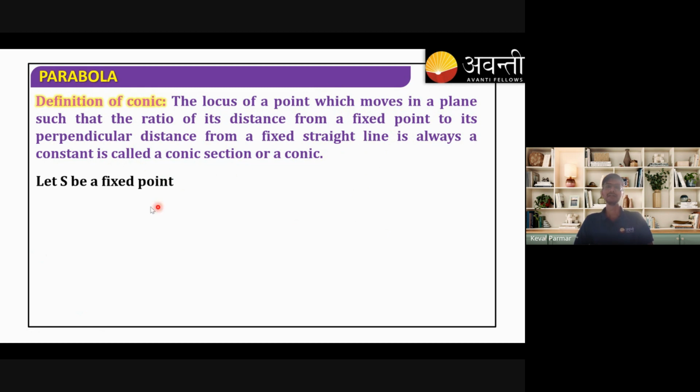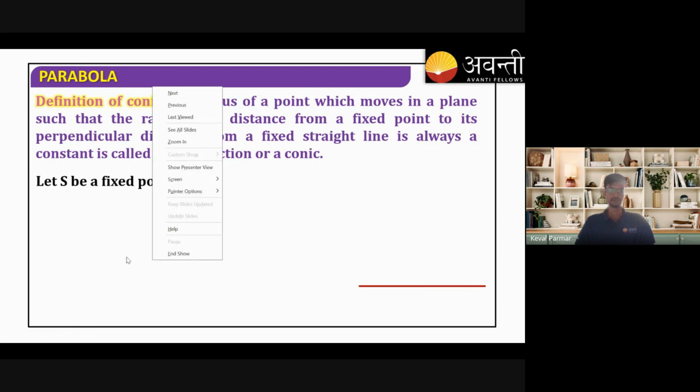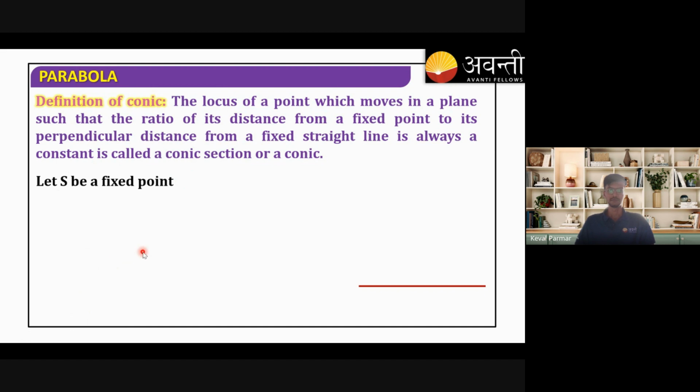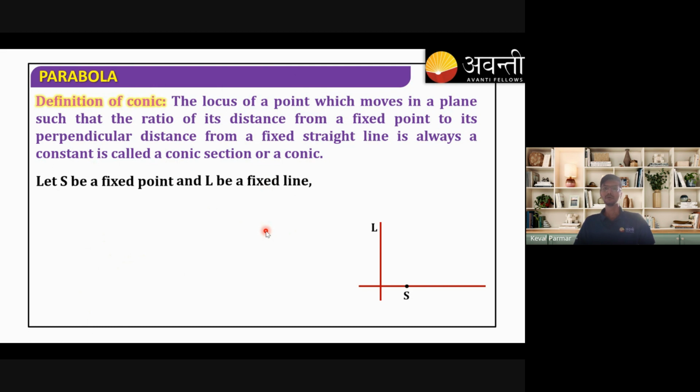Let the fixed point be S, and let the fixed line be L. Now let P be any point on the locus, as you can see.